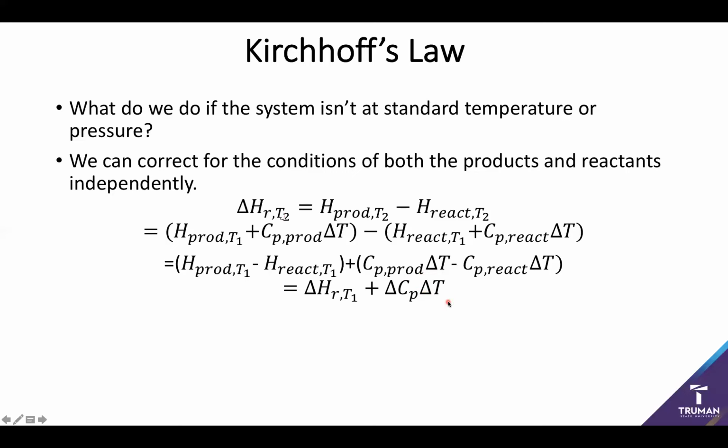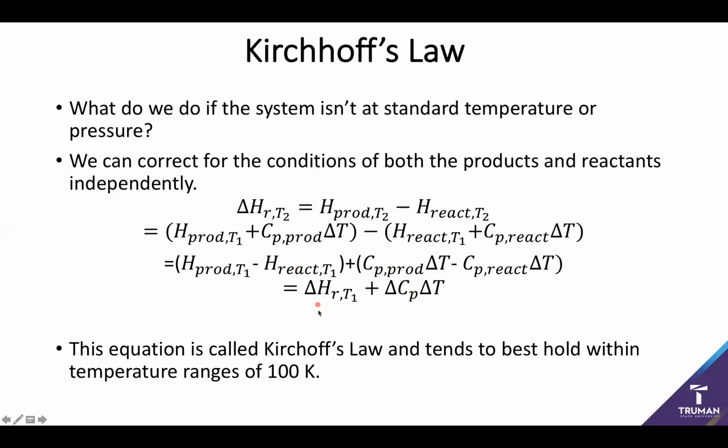Now, one of the things you should watch out for is that this difference in heat capacities should account for any stoichiometric coefficients, just like we did when evaluating our enthalpy differences originally. This equation is called Kirchhoff's law, and it's worth noting that it tends to hold best at relatively minor temperature differences of less than 100 degrees.